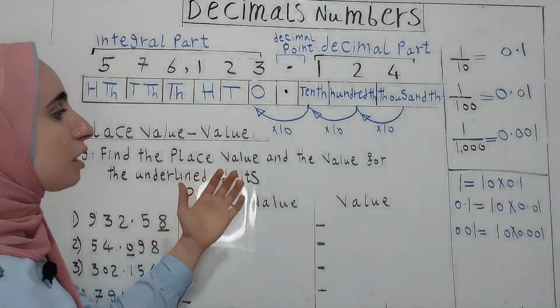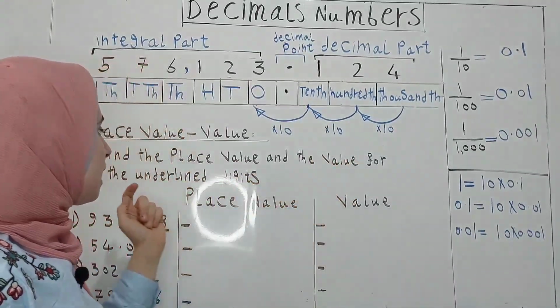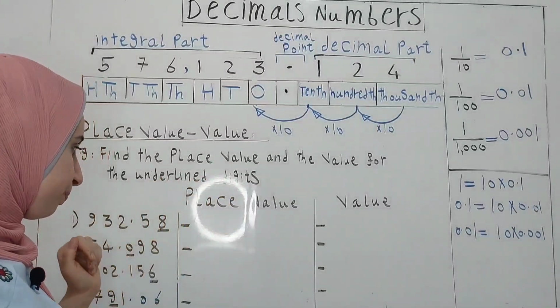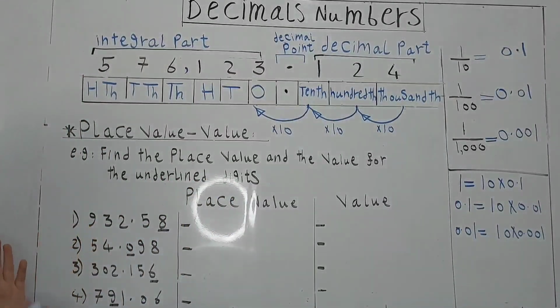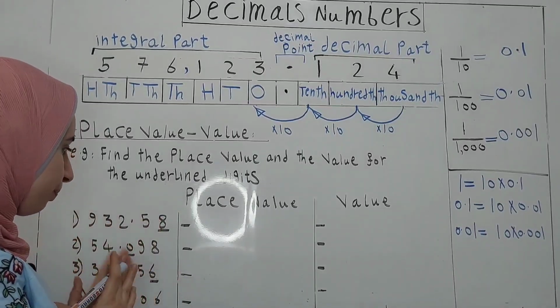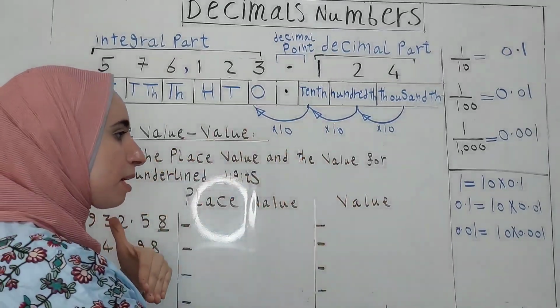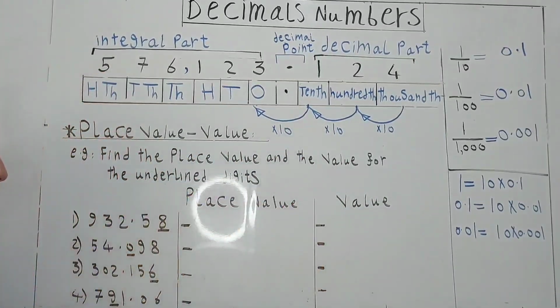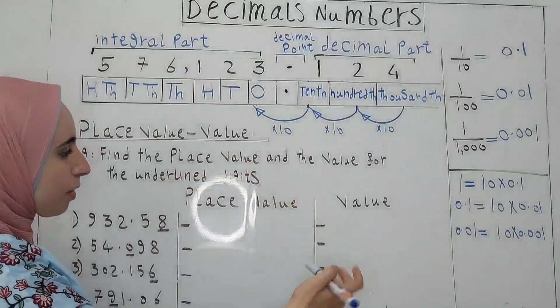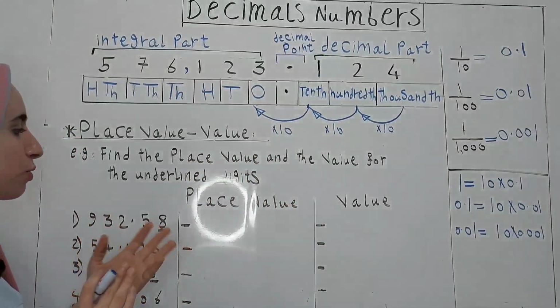Find the place value and the value for the underlined digits. The first one, we need to find the place value for the digit 8. Is the digit 8 in the decimal part or the integral part? In the decimal part. In which place?